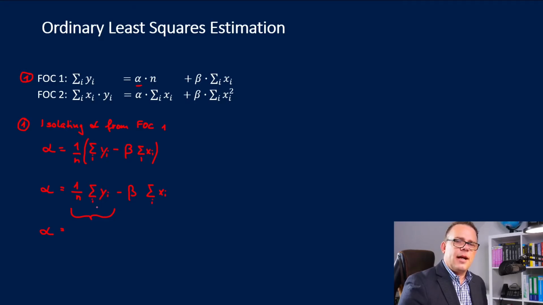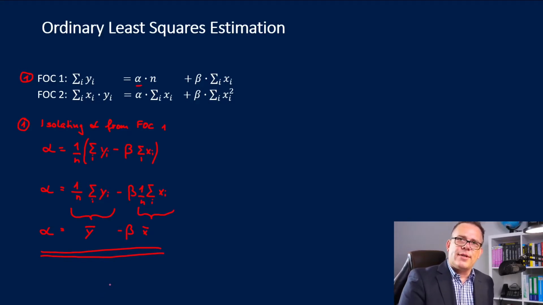This is the arithmetic mean of epsilon, so this is epsilon bar. Then we have minus beta. And I've just forgotten the 1 divided by n, sorry for that, of course. That's important. Since this is 1 divided by n and the sum across all xi, this is the arithmetic mean of x, so it is x bar. So we have a very, very simple solution for alpha.